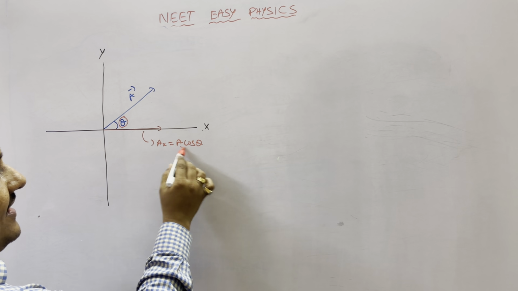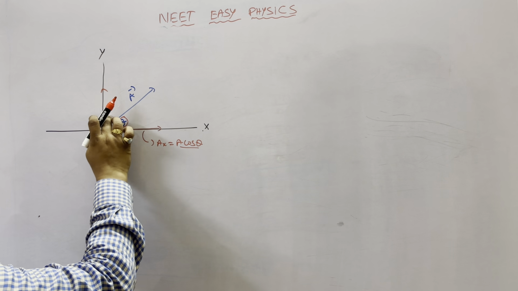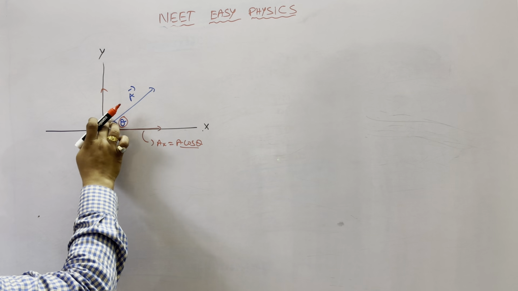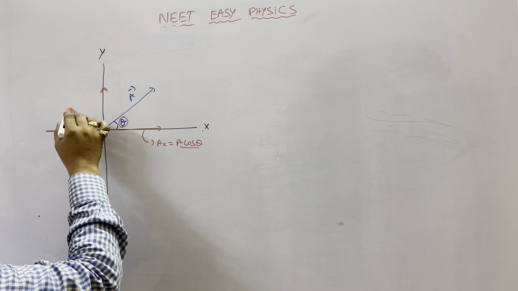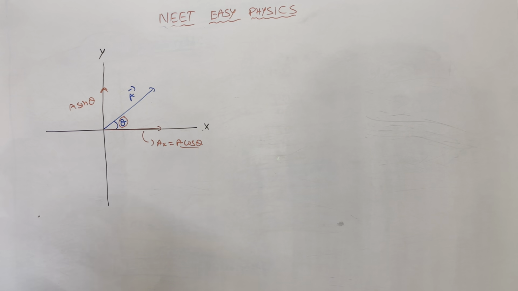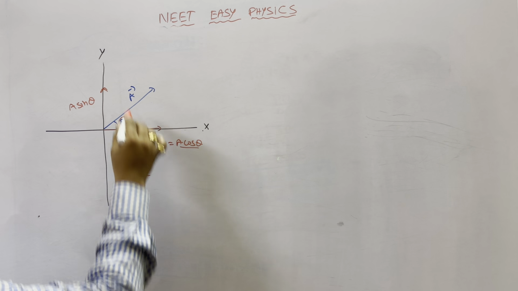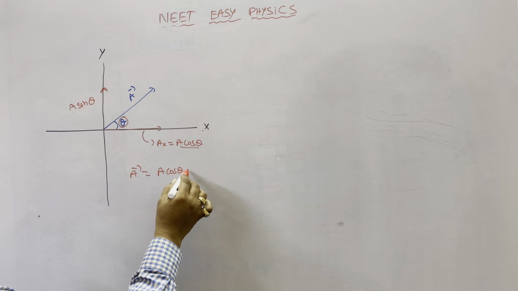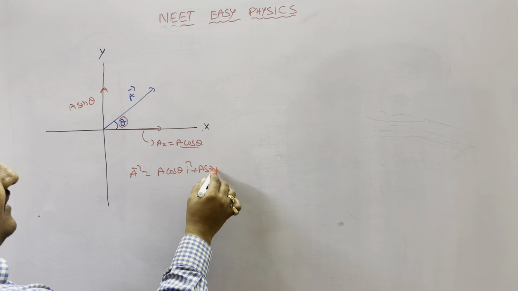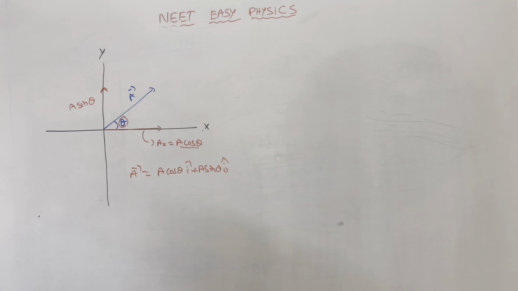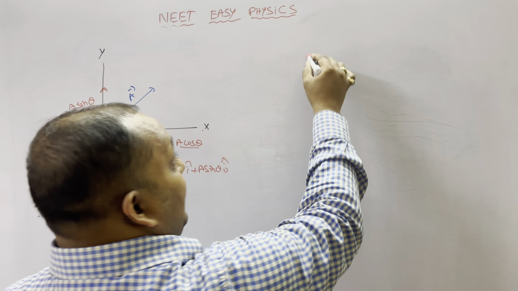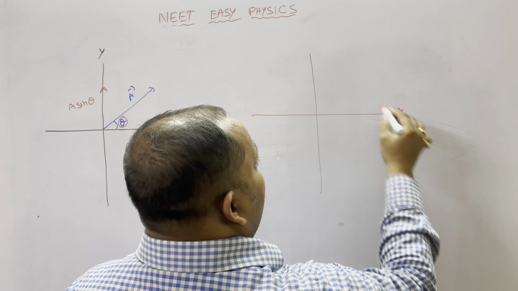The remaining side, which is not basing theta, is obviously A sin theta. So this A bar can be written as A cos theta i cap plus A sin theta j cap.